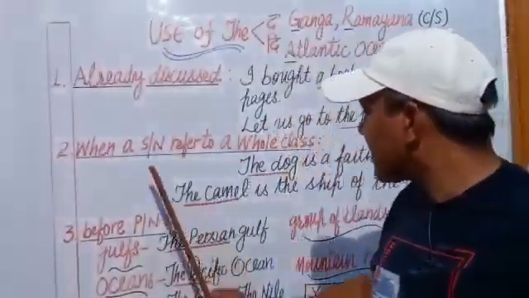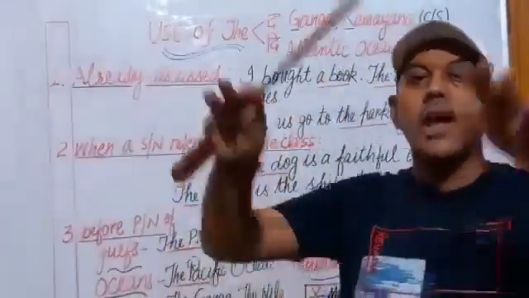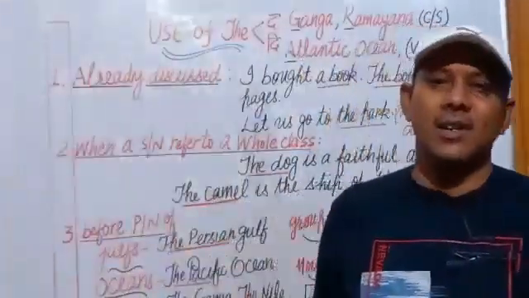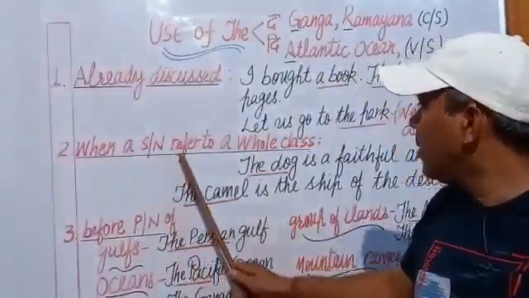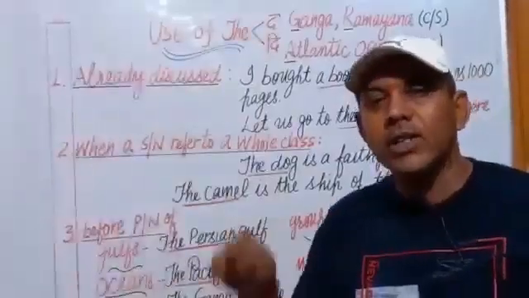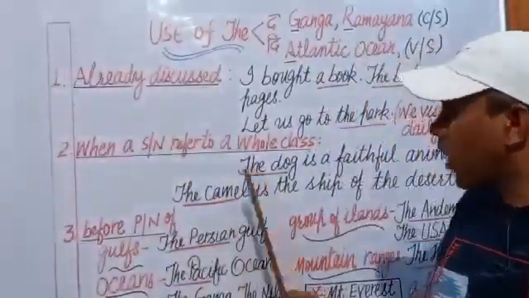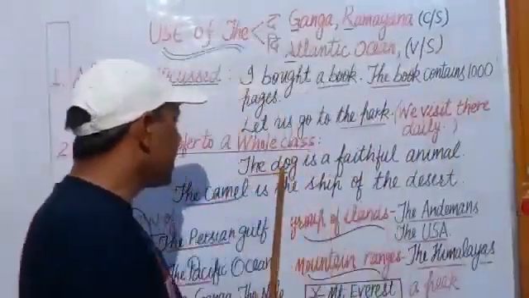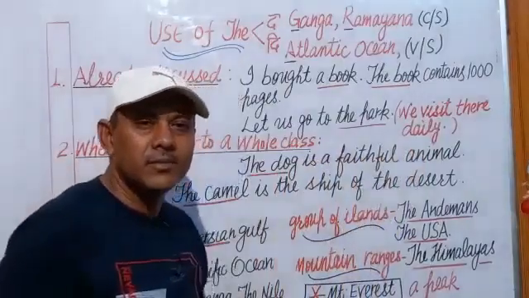In the next sentence, when a singular noun refers to a whole class, a whole family of the same type of nouns. For example, the dog is a faithful animal.